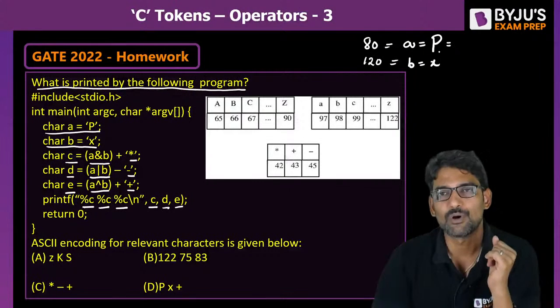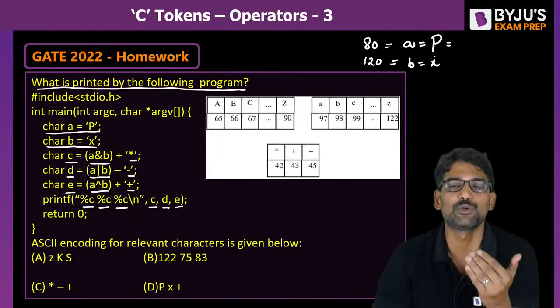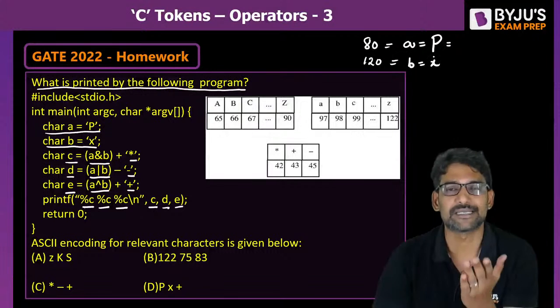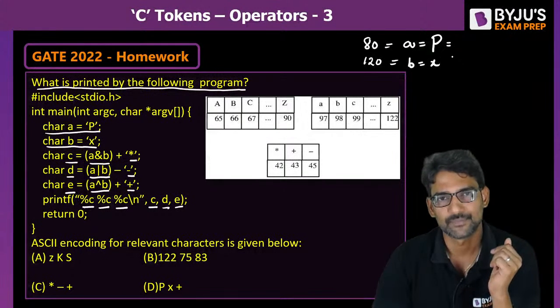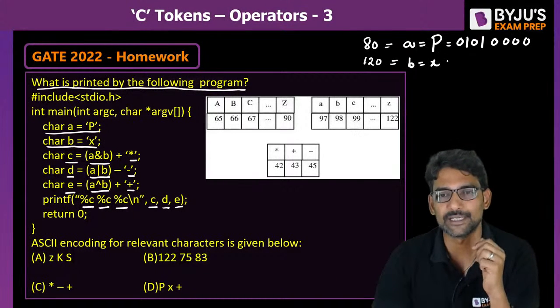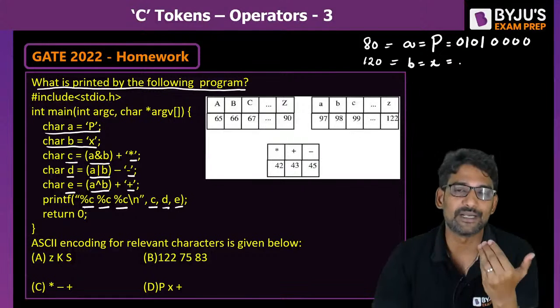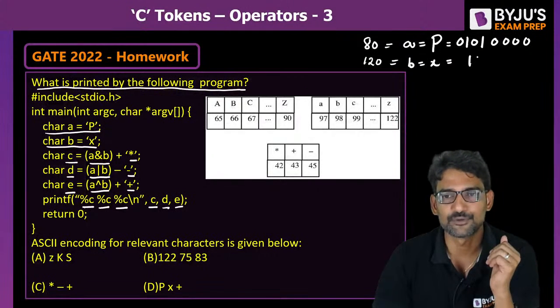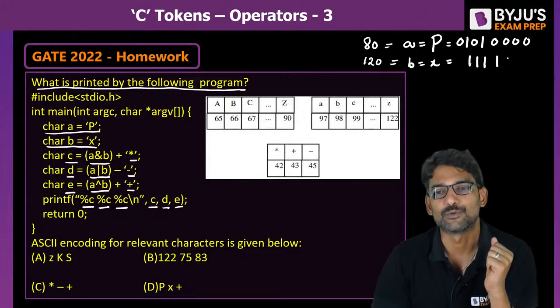Now, what you have to do, it is a bitwise AND. So, convert this 80 into binary, which is 64 plus 16. This is 80. And 120 in binary: 64, 32, 96, 16, 112, 8, 120.